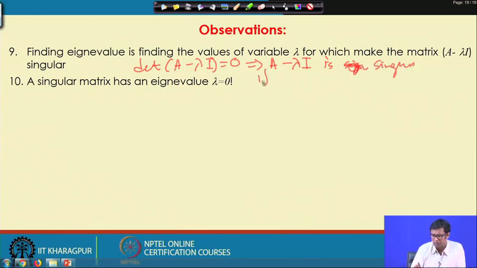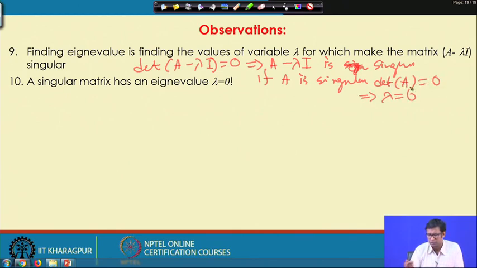Now, if A is singular, determinant of A is equal to 0, that gives us lambda is equal to 0. So, determinant of A minus lambda I, which is determinant of A, is equal to 0. At least there is one lambda which is 0, which will give determinant of A to be 0. So, a singular matrix will always have an eigenvalue which is 0.